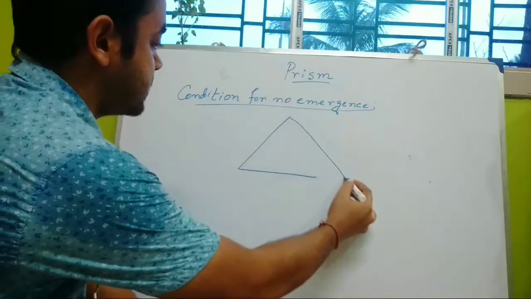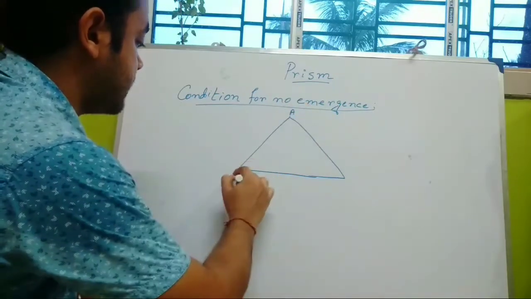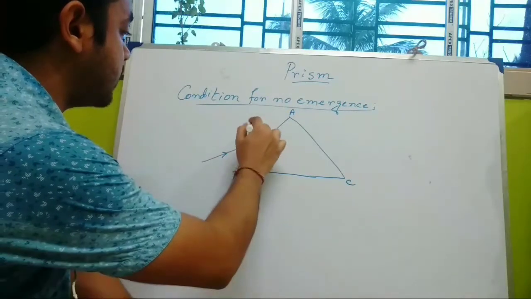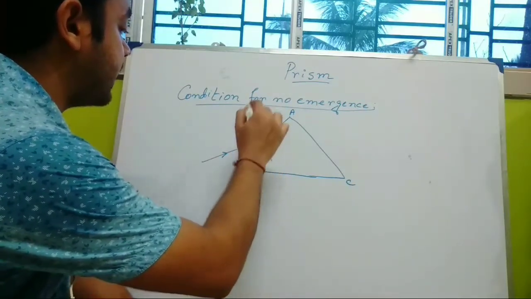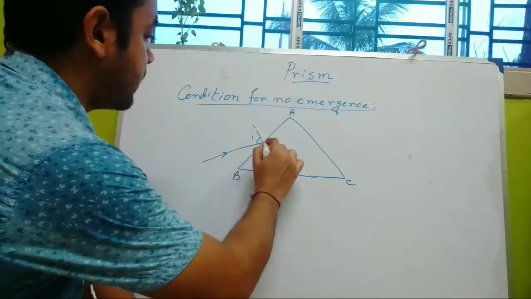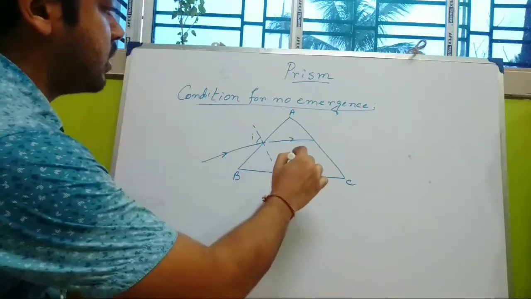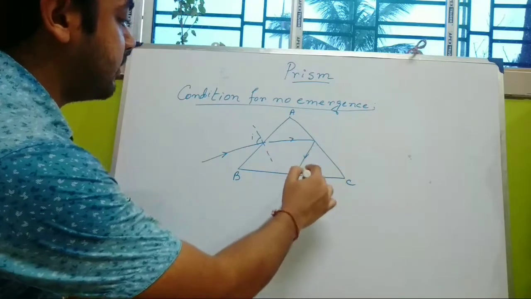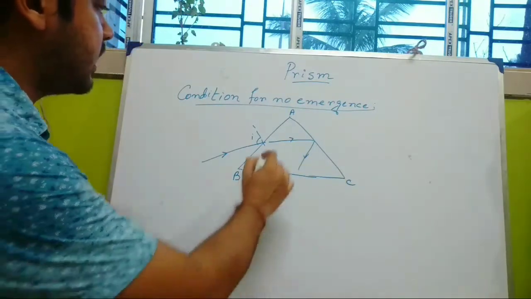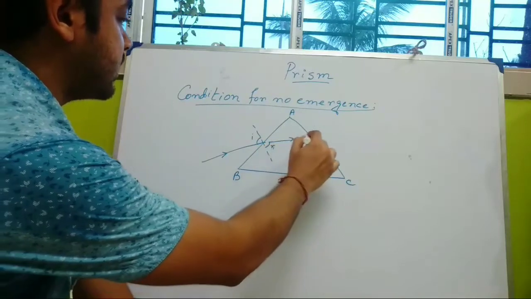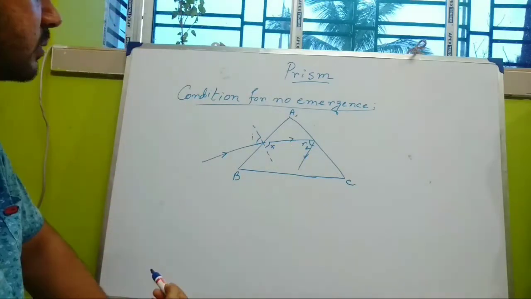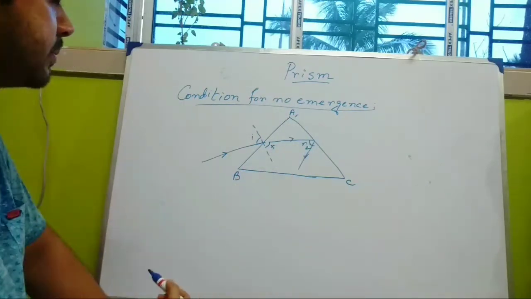Suppose this is my prism A, B, C. A ray of light falls on it at an angle of incidence I, but from the second surface it will be total internal reflected. And these angles are the angle of refractions R1 and R2, and A is the angle of the prism.